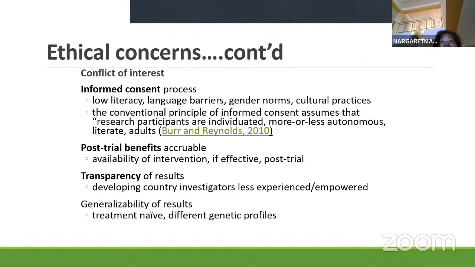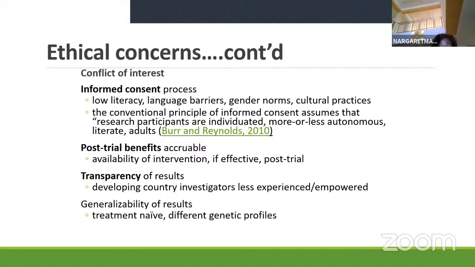If it's not clinic-based, if it's community-based, you must go through the gatekeepers and involve them in the implementation of such research. They're better able to guide you as to what is acceptable, what is not acceptable, and the best time for you to come for your samples, and so on and so forth.